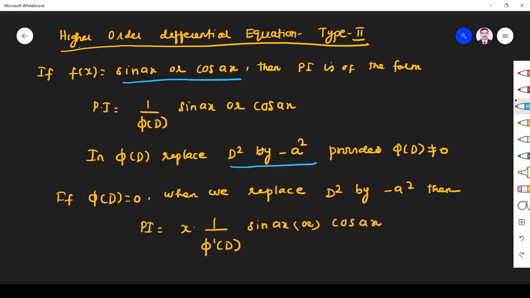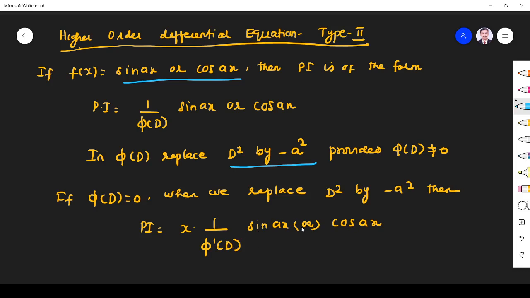Provided that if you replace D squared by minus a squared the answer is not 0, that is the particular integral. If the denominator, that is phi of D with D squared replaced by minus a squared, becomes 0, then we have to multiply the answer by x and differentiate phi of D one time. That's phi dash of D, and keep sin ax or cos ax.